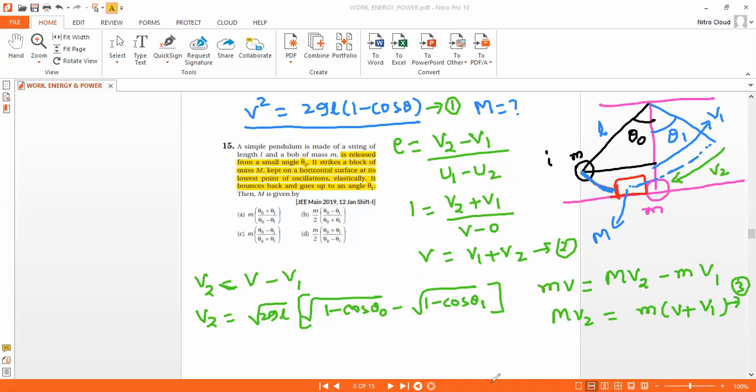So here we can write it as, already we got v2, m into v2.